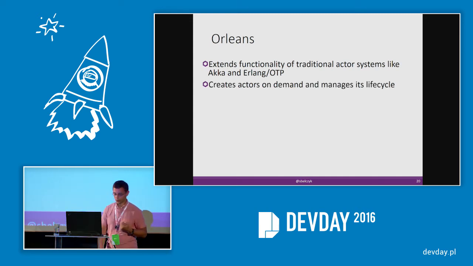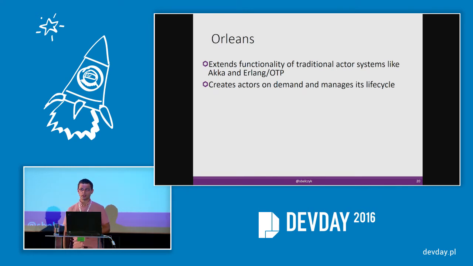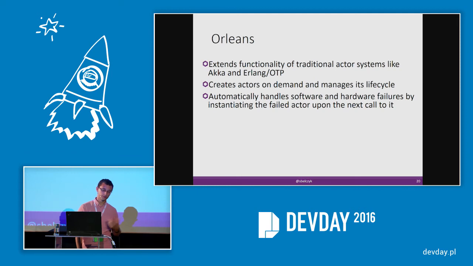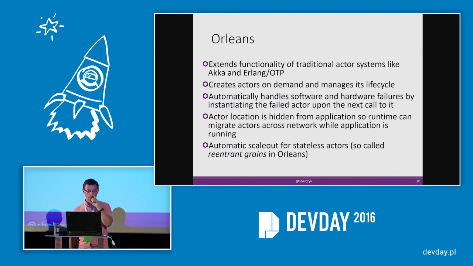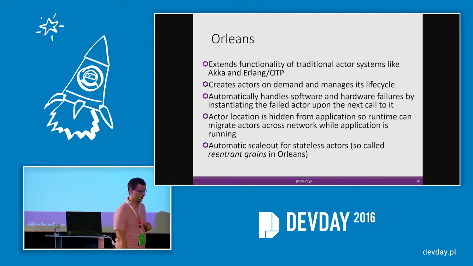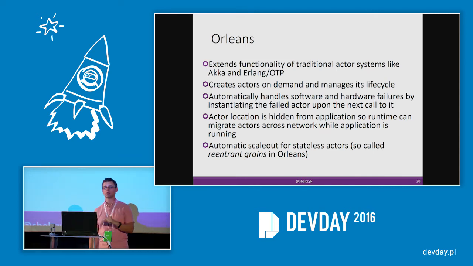But it also provides you this nice abstraction where the runtime manages the lifecycle of the actors. It handles the software and hardware failures for you, and is concerned with the placement and balancing of the actors between multiple machines. It also has a nice feature in which you can hint to the runtime that this actor is stateless.